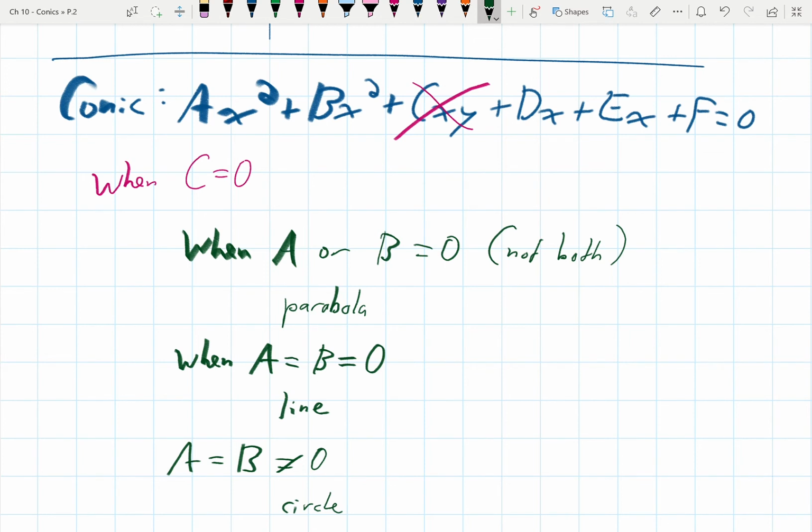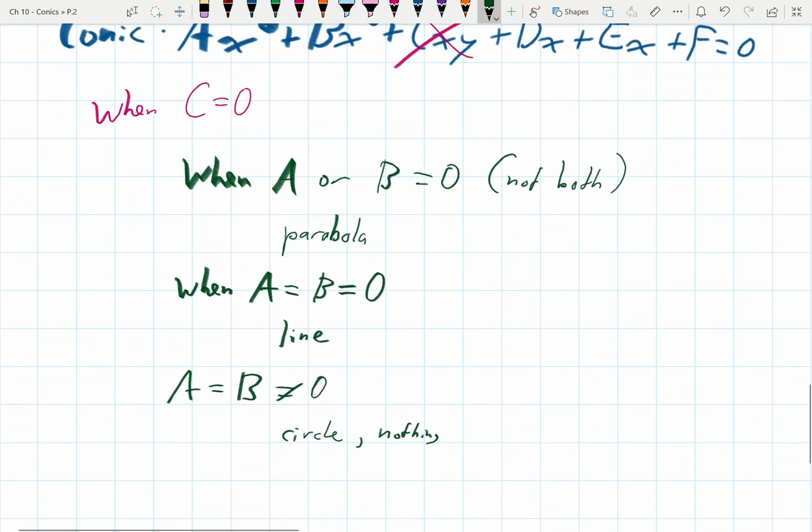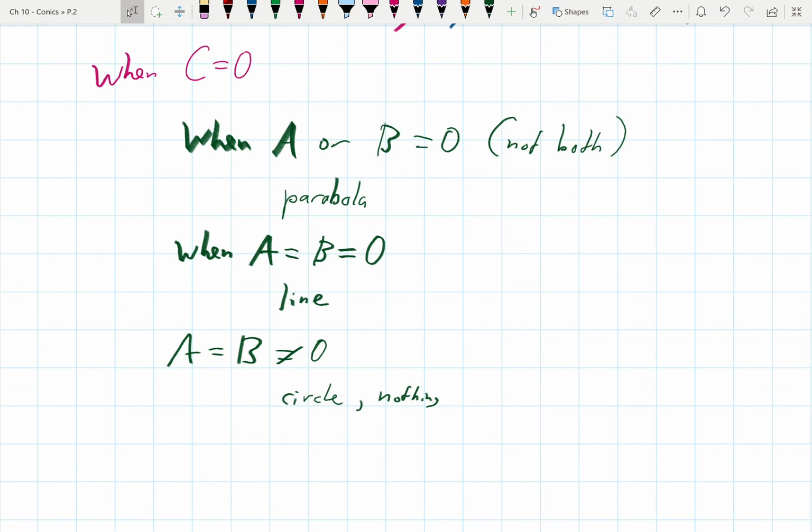It is possible you get a circle, or maybe you get nothing, and that's only going to happen if you have A and B the same, but somehow the math works out so that it's equal to a negative number at the end. You have two squares equaling a negative, but most of the time it would be a circle. What do you get when A and B are the same sign?